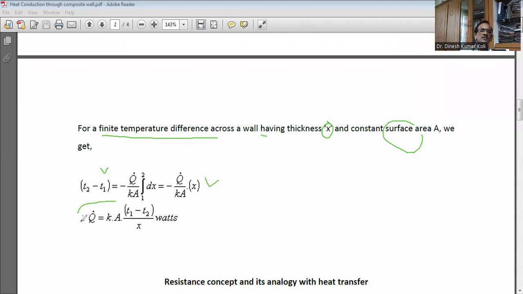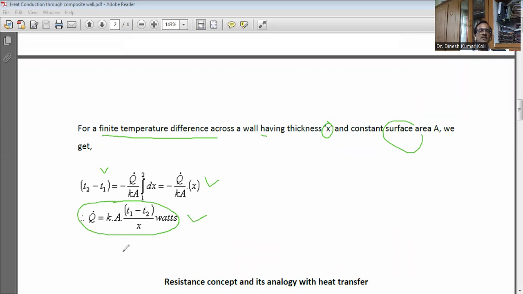By using this, we can write the expression of heat transfer Q equal to kA (T1 minus T2) by x watts. This is the expression for heat transfer through a plane wall across a finite temperature difference.